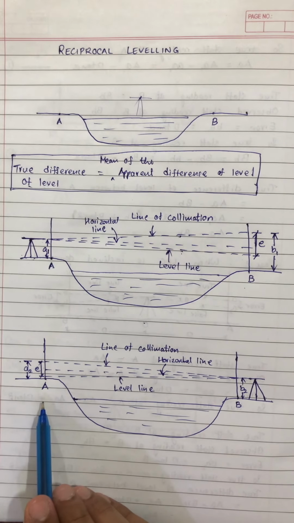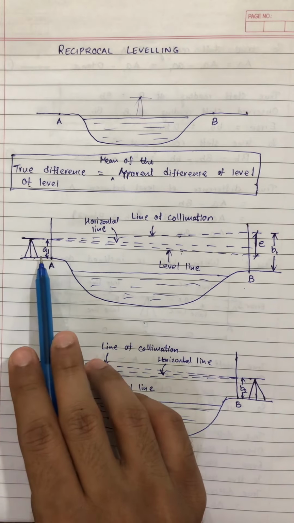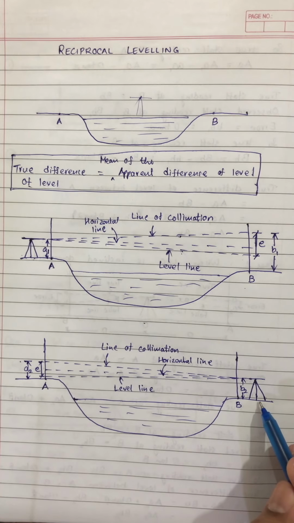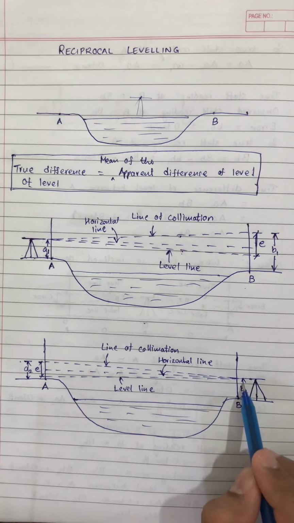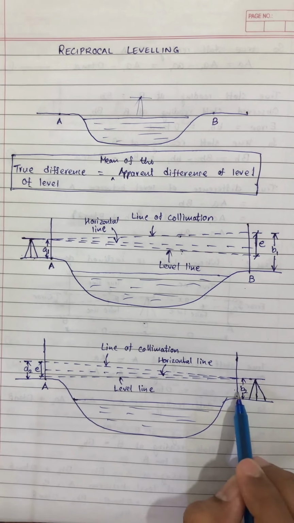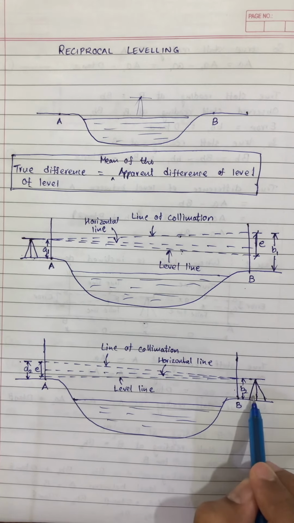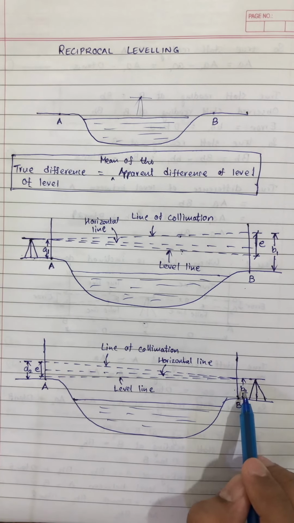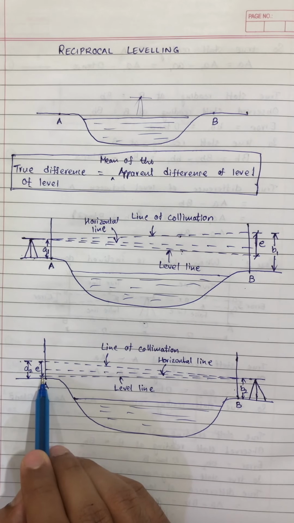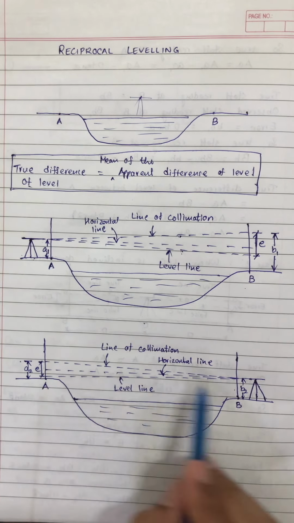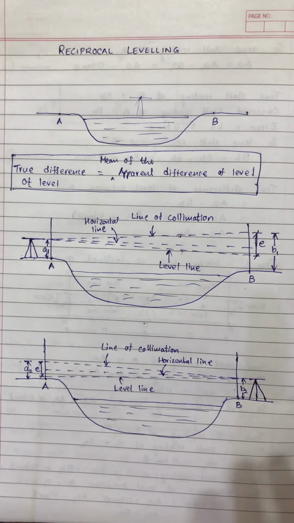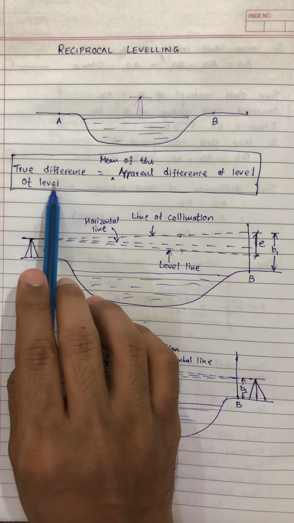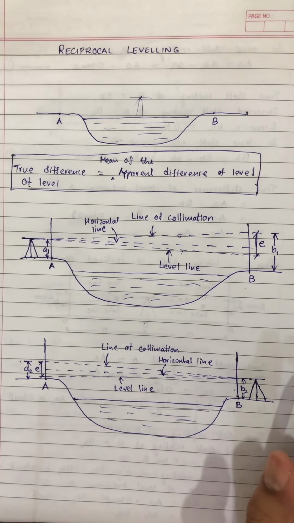Then in another set, the level is shifted from this point and it is placed near to point B. Now when we take the reading, we will get the exact reading at point B because this leveling staff is very near to the instrument. But as point A is very far from the level instrument, we will get some observed staff reading, and we have to find the error for that, and then we have to eliminate it for the true difference of level.